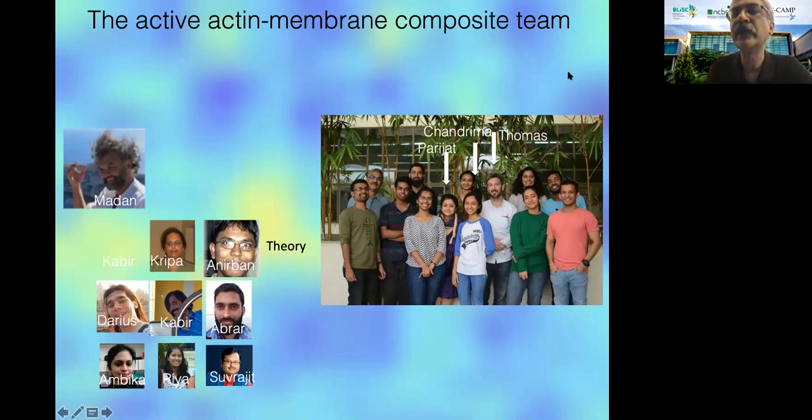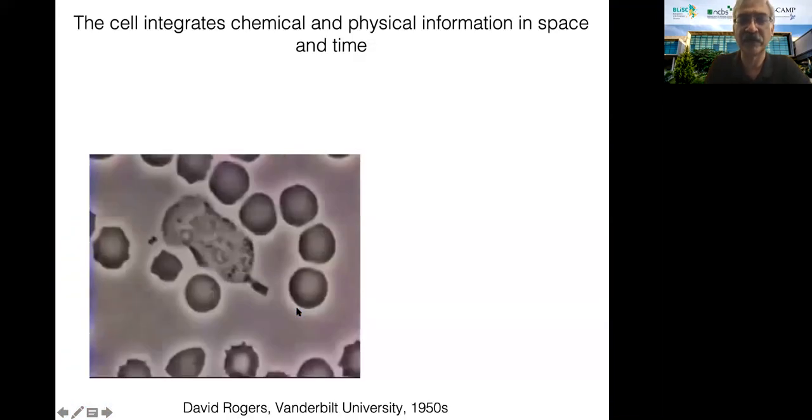Then on the right, there's Parijat, Chandrima, Thomas, and I think that may be it. For this set of work that I'm going to talk to you about, that's probably it at the moment. Maybe Joey, who is this last person here. I'm going to talk about his work, but not in great detail.